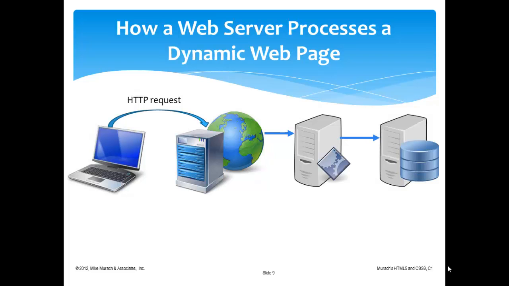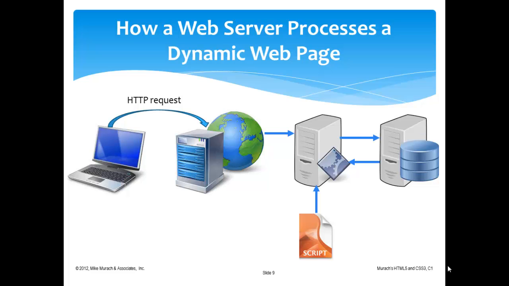And then once it gets to the web server, when the server receives the HTTP request, the server examines the file of the requested web page to identify the application server that it should go to. The web server then forwards the request to the application server that processes the type of web page. So it goes to the web server, and it processes the page at the application server.